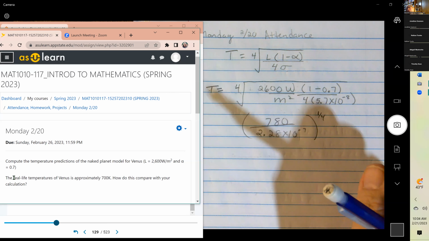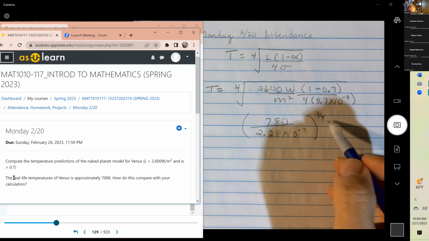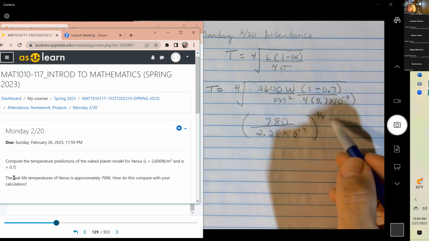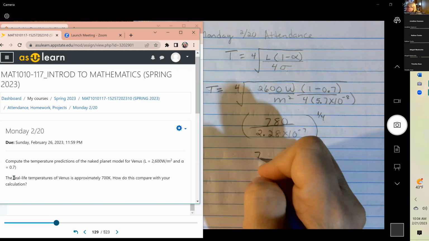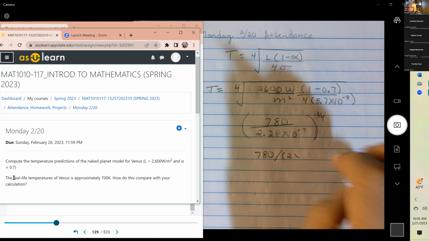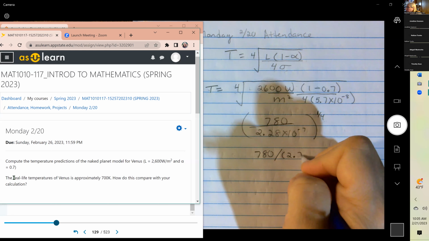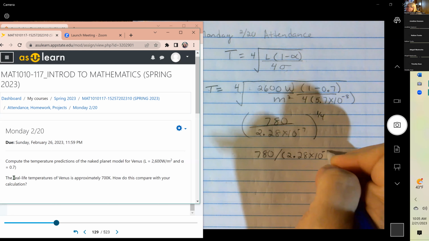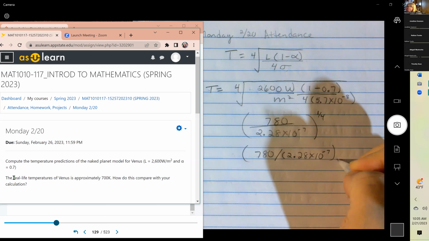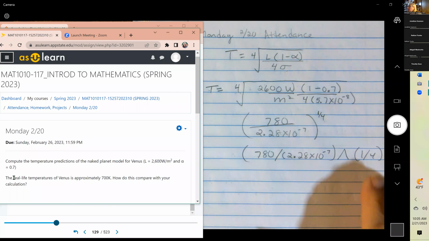A square root would be x to the 1/2. Depending on how you plug this exponent in, when you put your caret, the 1/4 has to be in parentheses. Otherwise, it'd only take it to the first power and divide by 4.